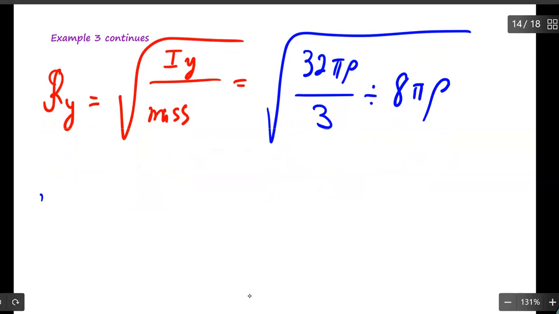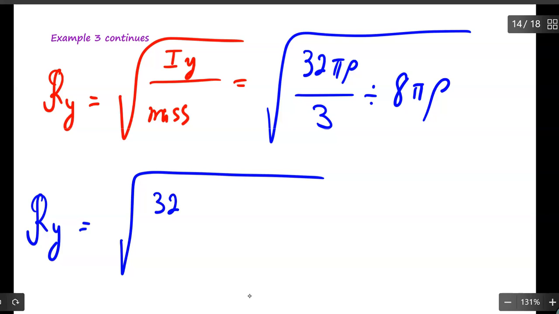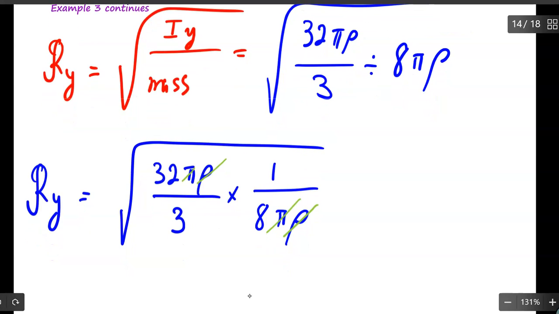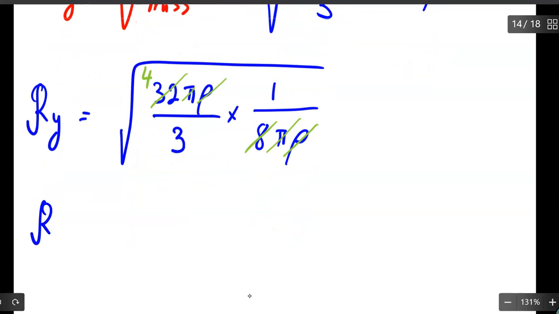Okay, so again we have to watch out for our algebra. So 32 pi rho divided by 3 multiplied by 1 over 8 pi rho. So let's cancel the term. Now you see the pi and the rho disappear, and you can cancel the 32 with the 8, so that should give you a 4. So Ry equal to the square root of 4 over 3, right?